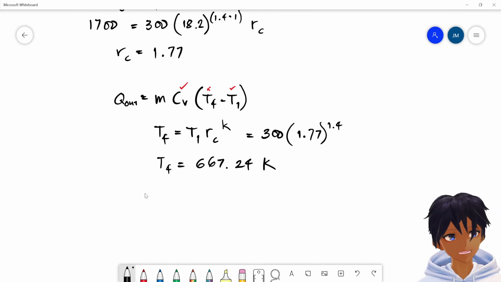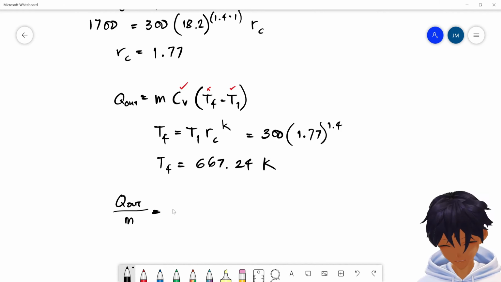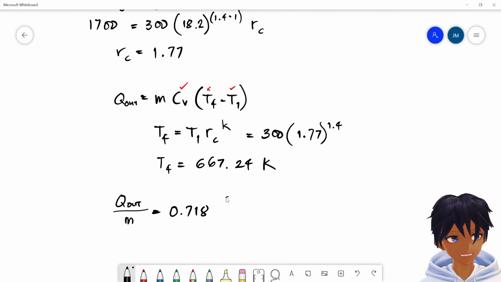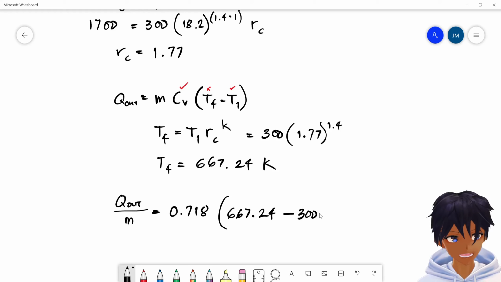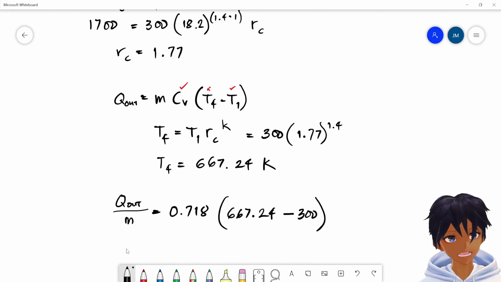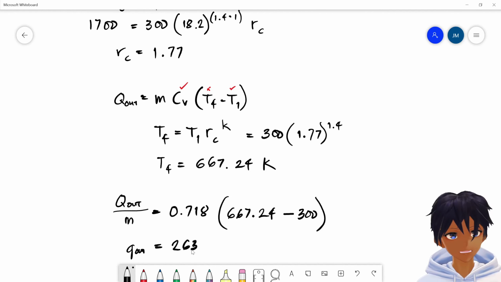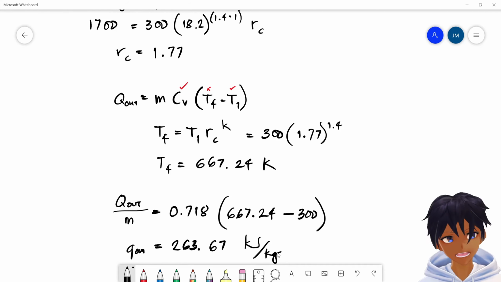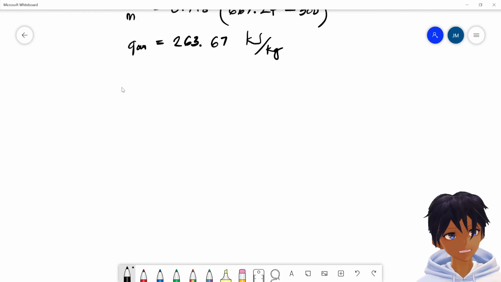And this time we will be expressing heat energy per unit mass. So this is 0.718, then 667.24 minus 300. And this gives us 263.67 kilojoules per kilogram.